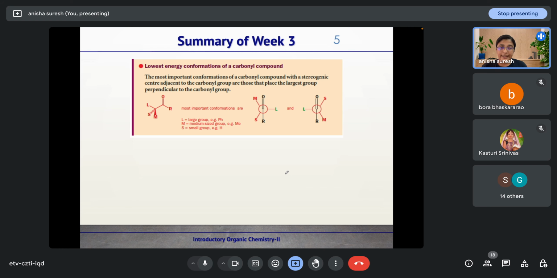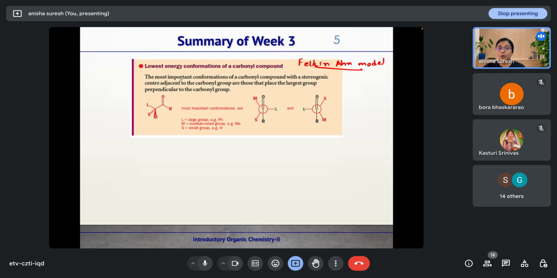Now coming to the Felkin-Anh model. So if we are having a stereogenic center that is adjacent to a carbonyl group, then we will make use of the Felkin-Anh model to predict the stereochemistry of the product.